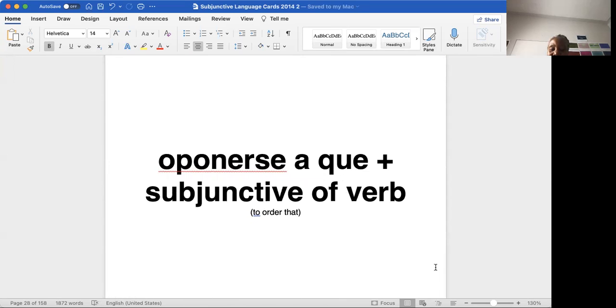Oponerse a que. Now, see what you need to take notice of. Number one, the expression, what the expression means, at least in English, if you don't know the word, but also to see when it's de que, por que, a que, and just que.